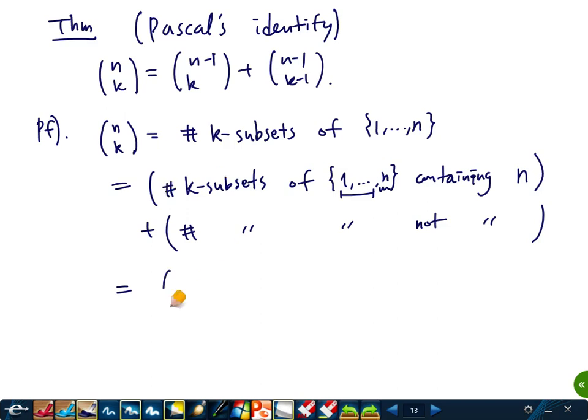So the first one will be n minus 1 choose k minus 1. The second one, they don't have n. That means we just select integers from 1 up to n minus 1 because we know that n is not there. That is, of course, n minus 1. But now we have to choose the whole k integers. Is this. Of course, they're the same. So they have this kind of meaning.